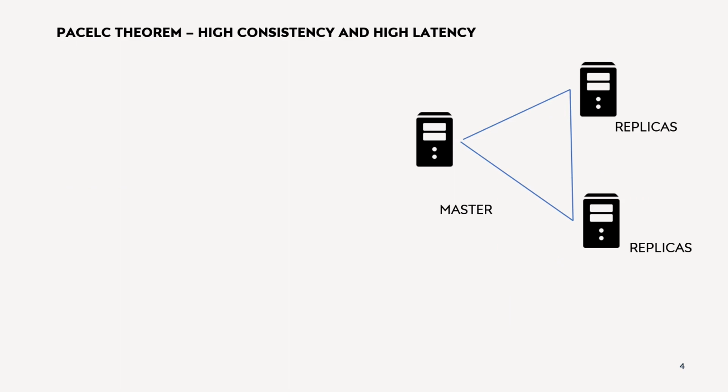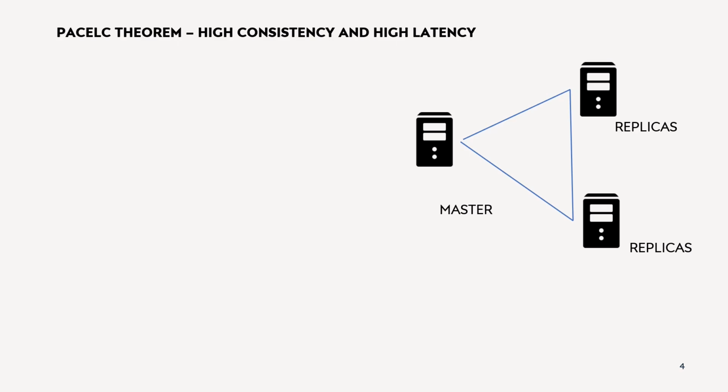Suppose you have a main server, like a master server or master database, and then you have two replicas, like a single master application setup. The requests are being served by the master, but you are updating the slave replicas as well in the background, so that you have some backup ready.